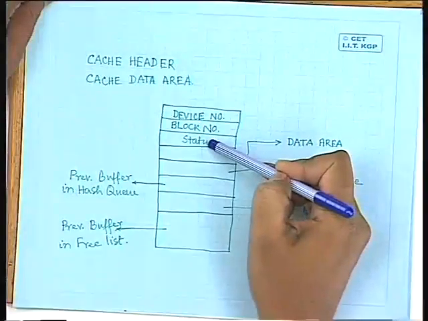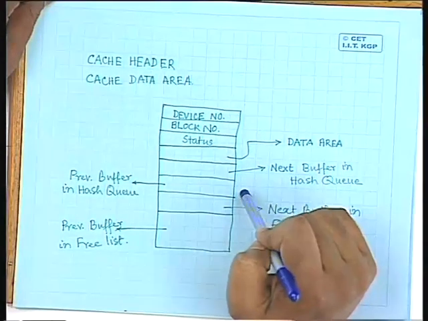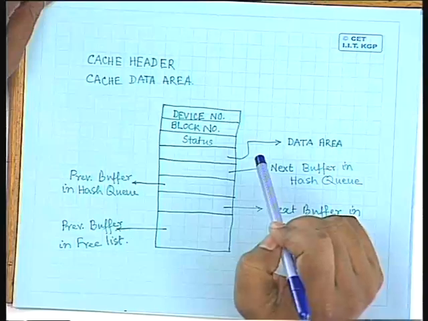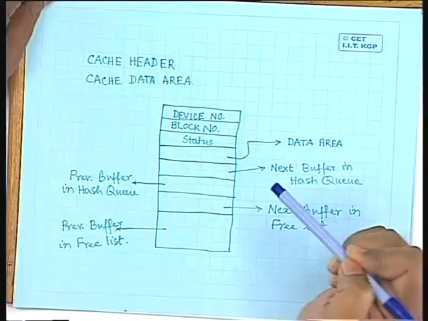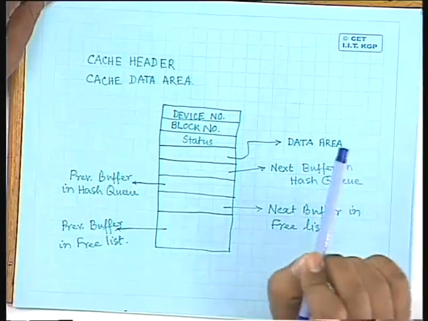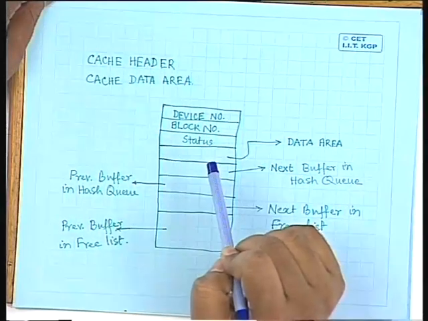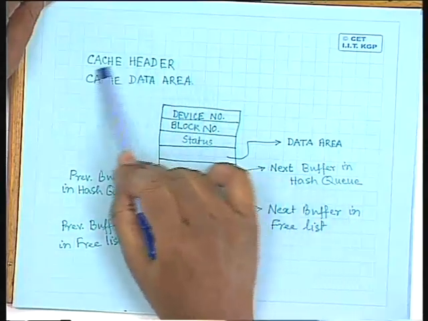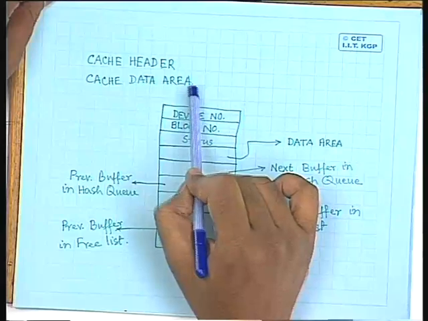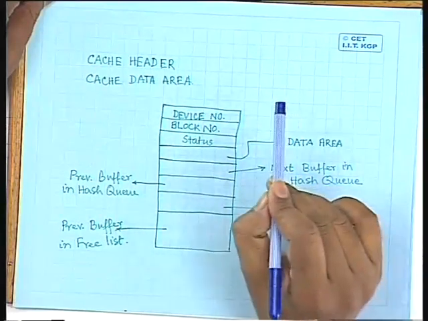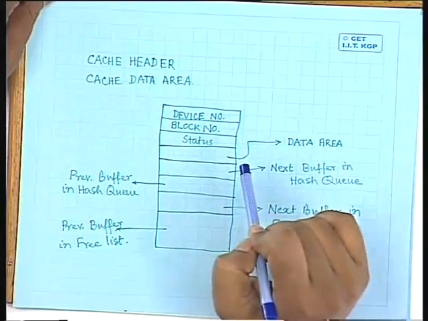Among other information which can also be there in the status field is whether the content of that buffer is valid. While processing, some process may find that there is some data error in the data area of some buffer. The moment it finds that it is invalid, the content of the buffer has to be invalidated.